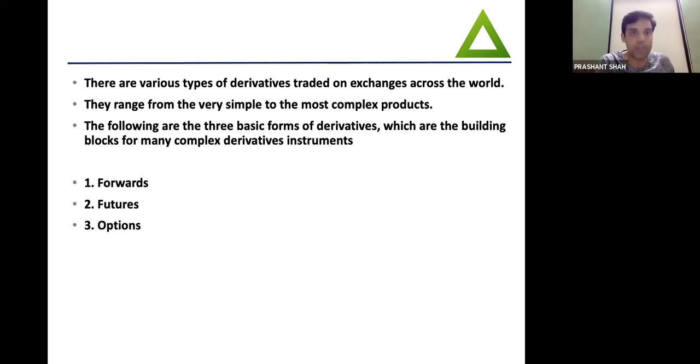There are various types of derivatives traded on the exchanges across the world. India is considered a very small market for derivatives. It's not a big one. They range from very simple to the most complex products. The following are the basic forms of derivatives: forwards, futures, and options.